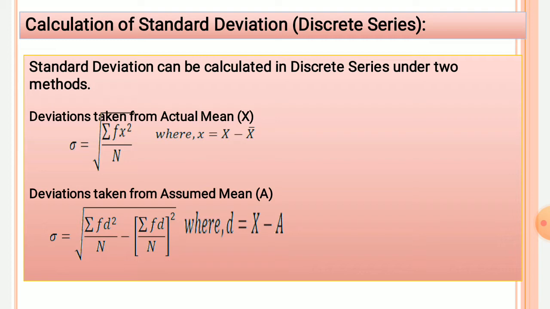So these are the formulae which are used for calculating the value of standard deviation for discrete series when actual mean is used and assumed mean is used to take deviations. And let us understand clearly the calculation of standard deviation when actual mean is used and when assumed mean is used.